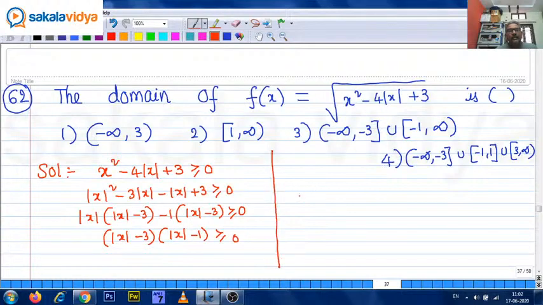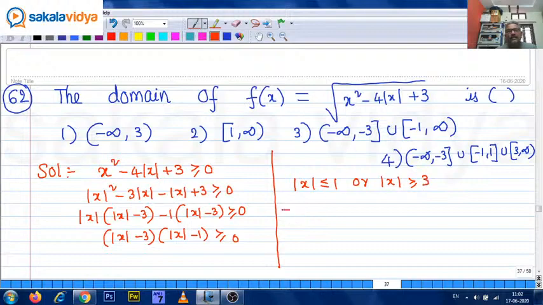So mod x is less than or equal to 1 or greater than or equal to 3.